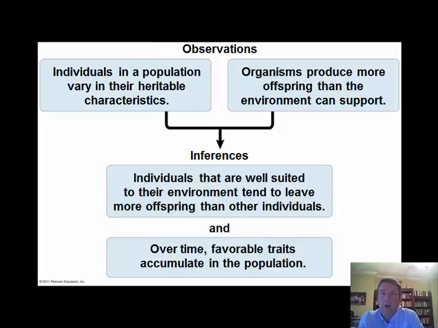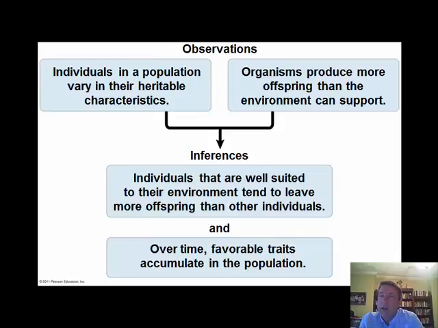And also, the second tenet of this idea is that these organisms produce more offspring than the environment can support. All right, so the environment's not going to support all the offspring that occur from these individuals. So some will die out.